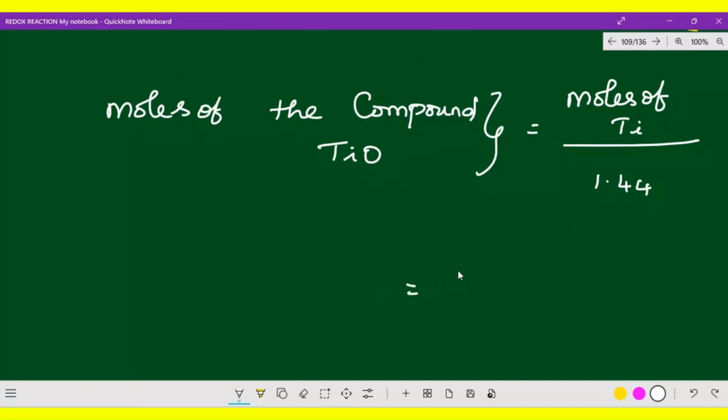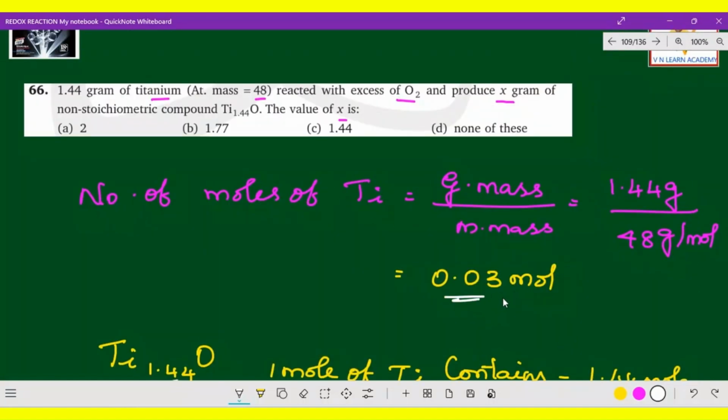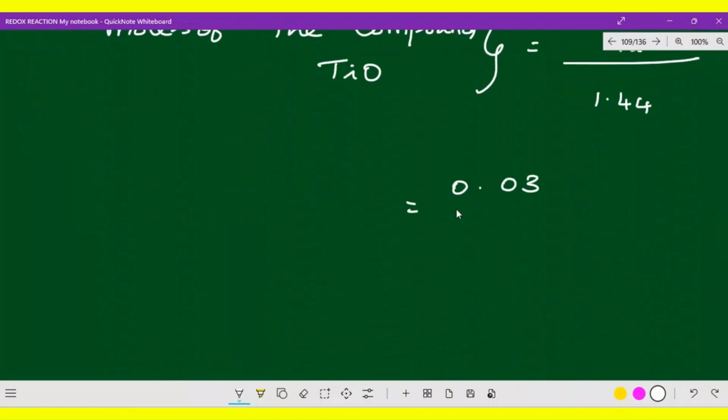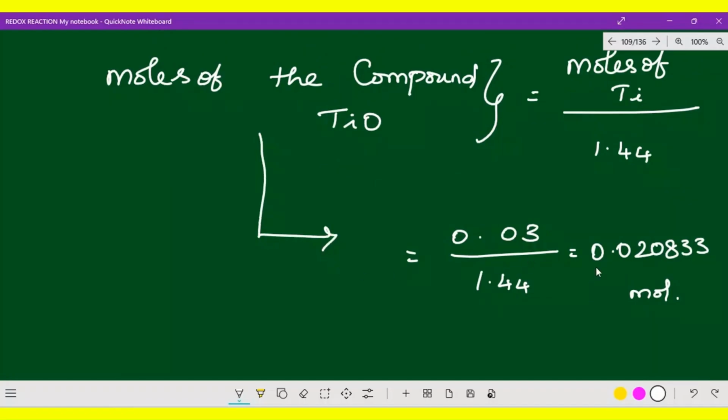You will get 0.0208, so this is small. So this is the moles of the titanium compound.